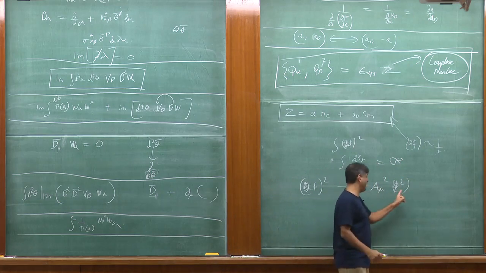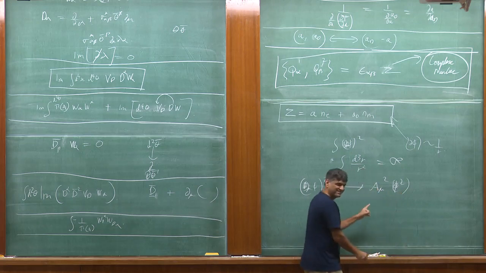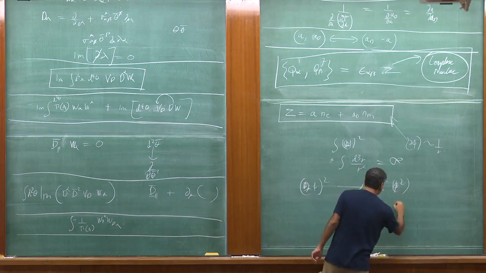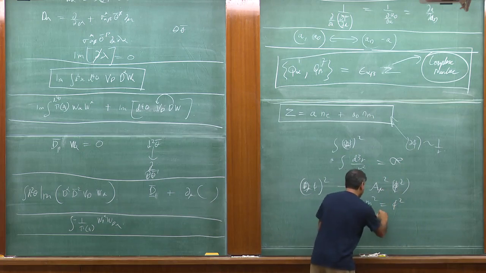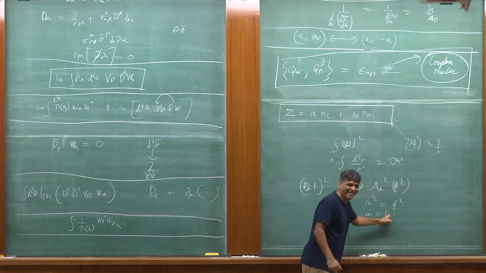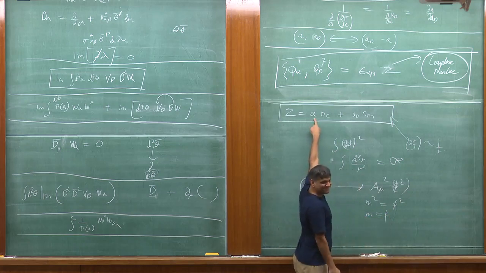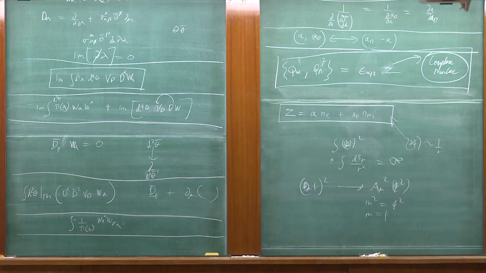So the mass squared for the gauge boson is equal to phi squared, or mass is equal to phi. But A was phi. So semi-classically, this formula agrees with the existence of these gauge bosons, because this formula itself agrees with semi-classics, as of course it had to.